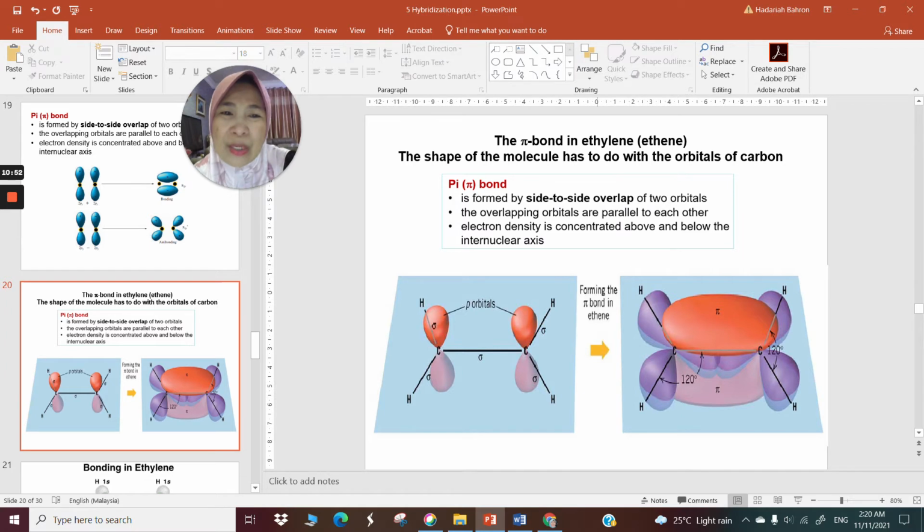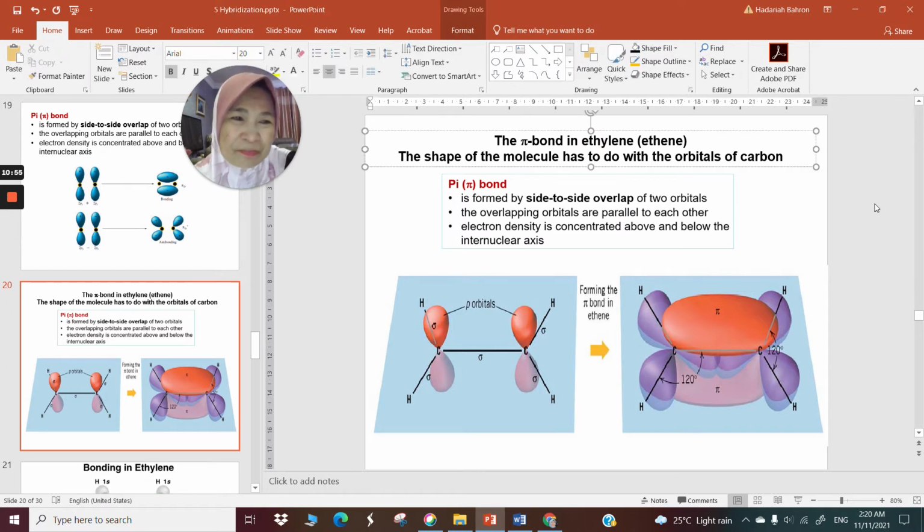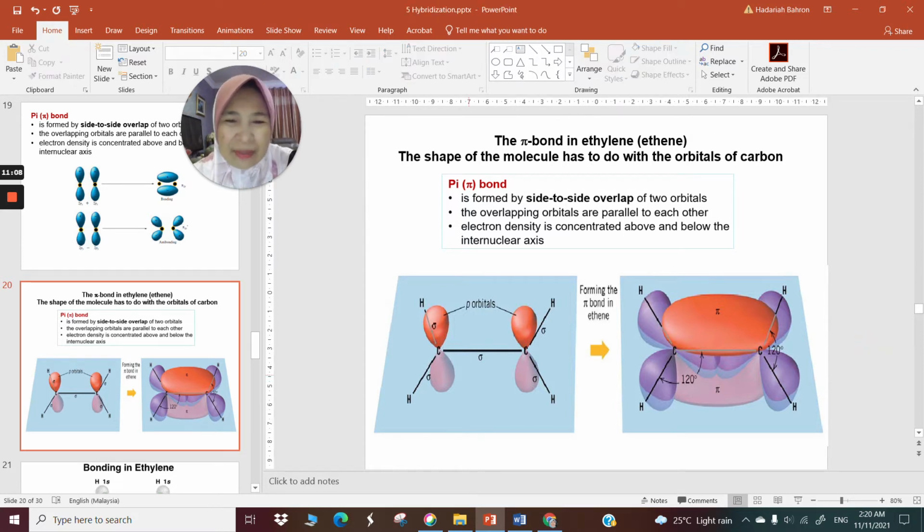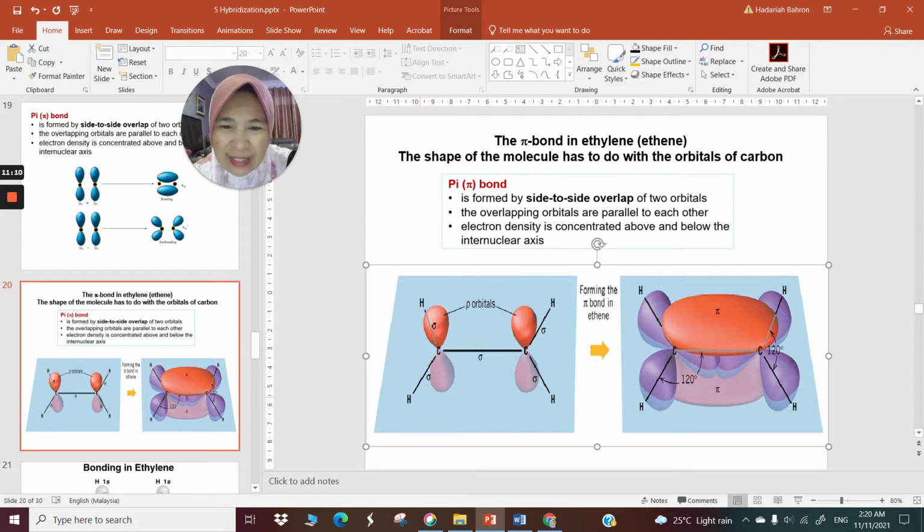Ethene has an old name of ethylene, where the shape of the molecule has to do with the orbitals of carbon. Okay, you recall that pi bond is from side to side overlap. So have a look at this CH2 and another CH2.